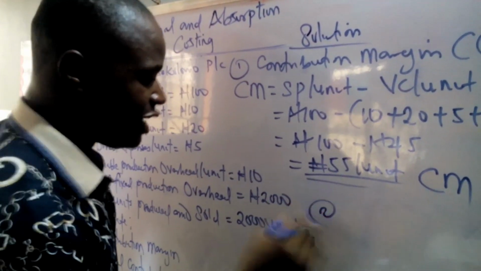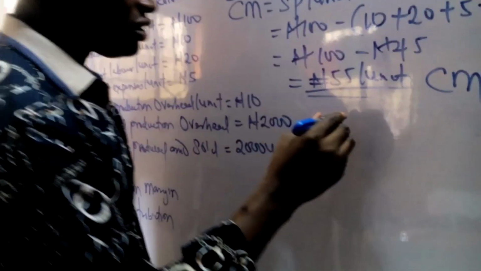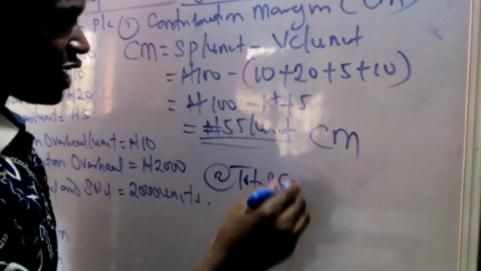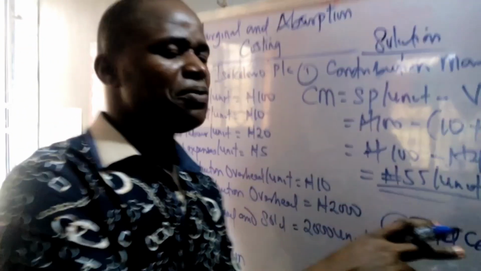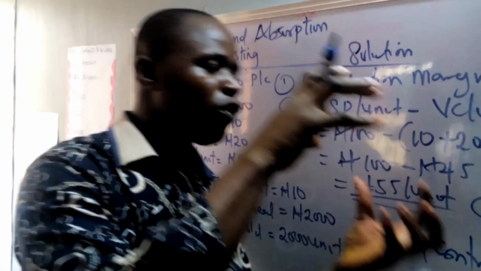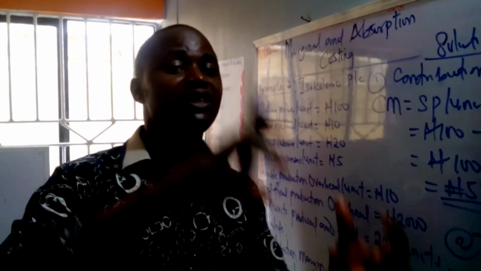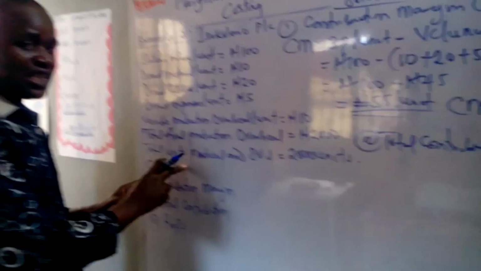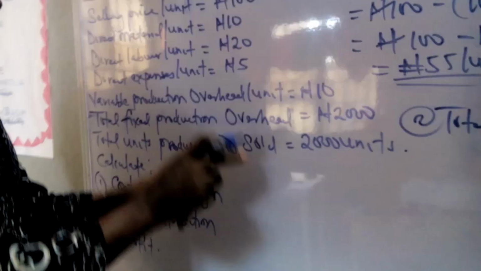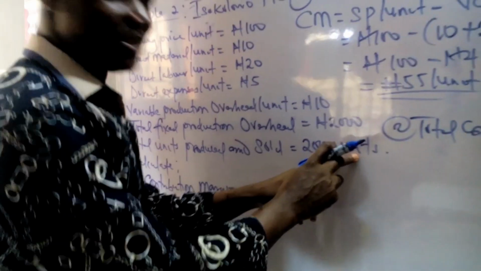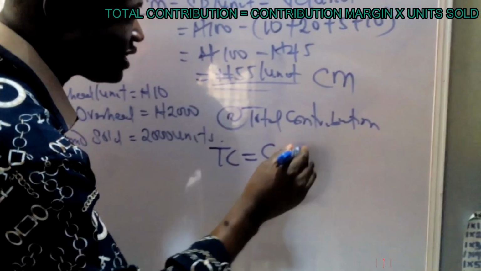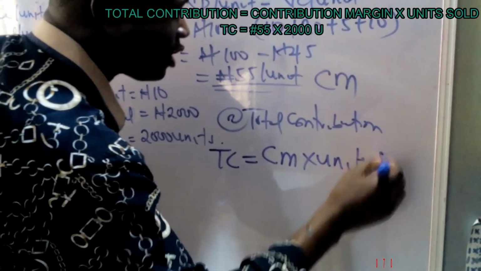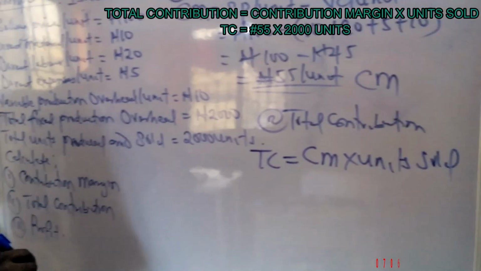Number 2, let's look at the total contribution. Total contribution has to do with the contribution you realize from the units sold. Here, we are told that total units produced and sold equals 2,000 units. Therefore, our total contribution will be contribution margin times units. So, are we clear?